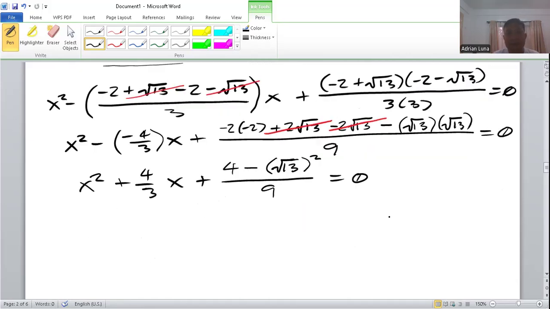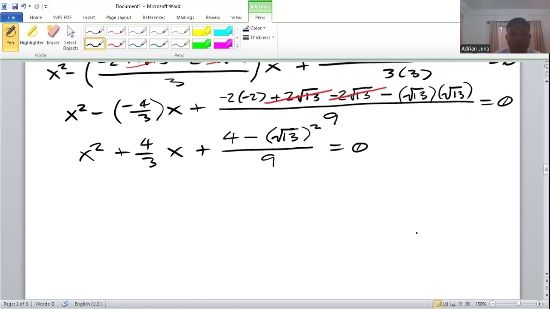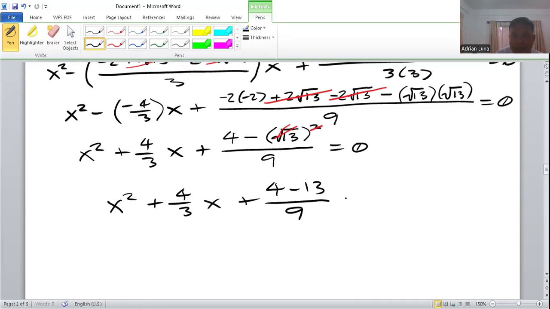Di pa tayo tapos. Simplify ulit natin. Oh, ito, pwede itong mag-cancel si radical at si exponent. Kaya pag sinimplify natin yan, we have x squared plus 4 thirds x plus 4 minus 13 all over 9 is equals to 0.